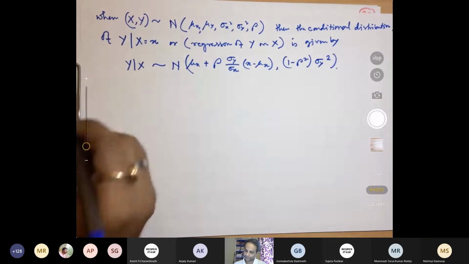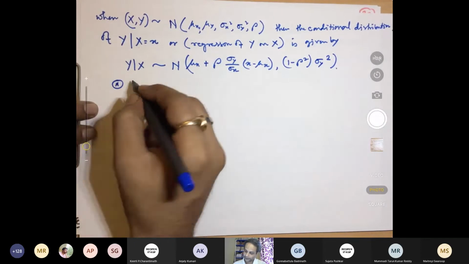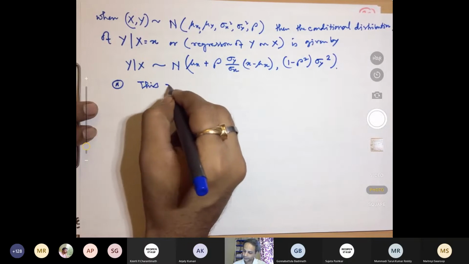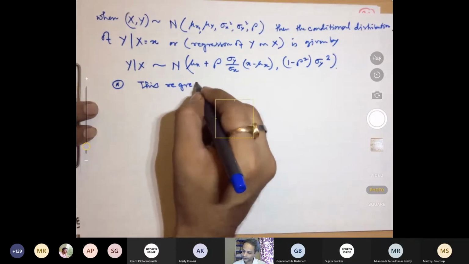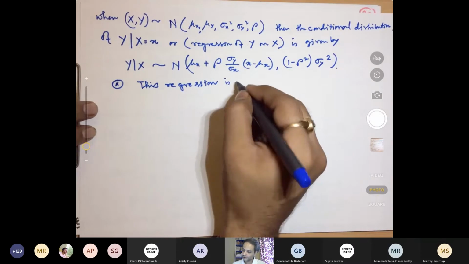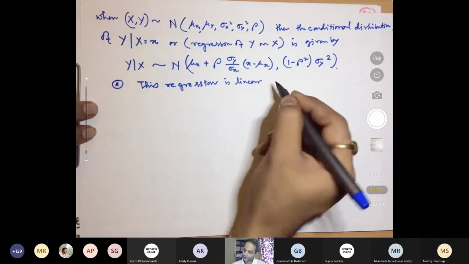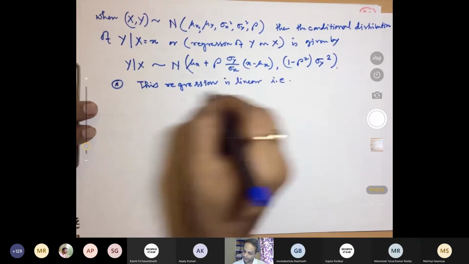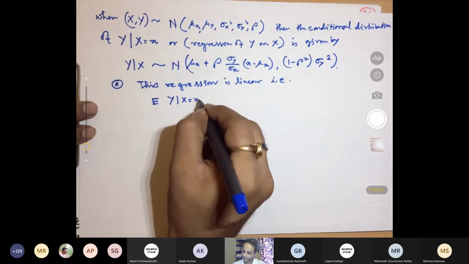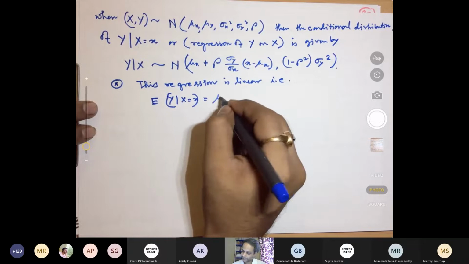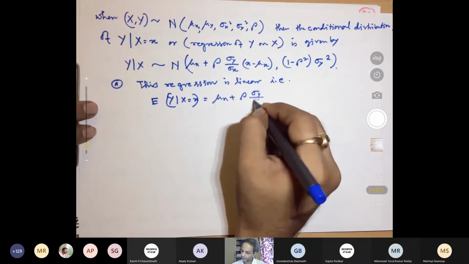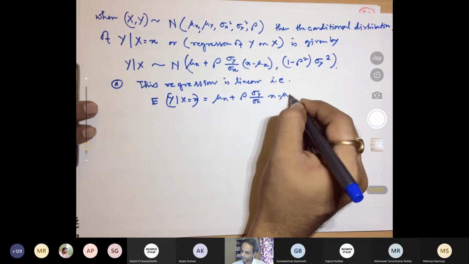Notice one thing here, that this regression is linear. That means the expectation of y given x equals small x is mu y plus rho times sigma y by sigma x into (x minus mu x).